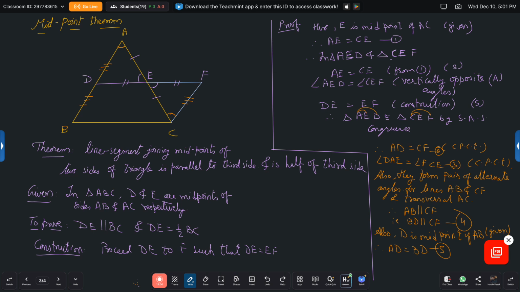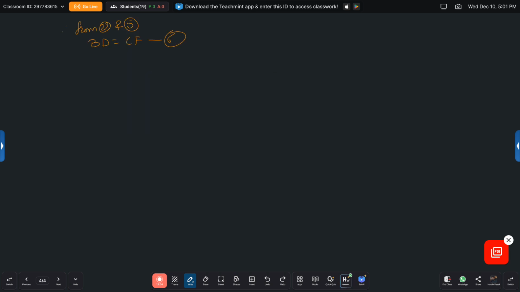Now see, in number 4 we have BD parallel to CF, and in number 6 we got BD equal to CF. So from 4 and 6, BD is parallel to CF and BD is equal to CF.